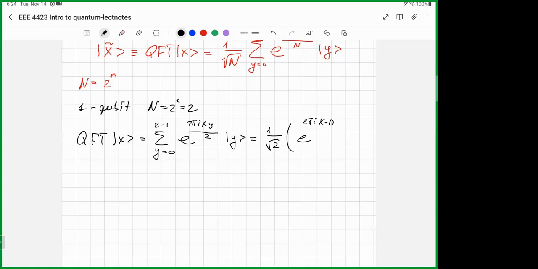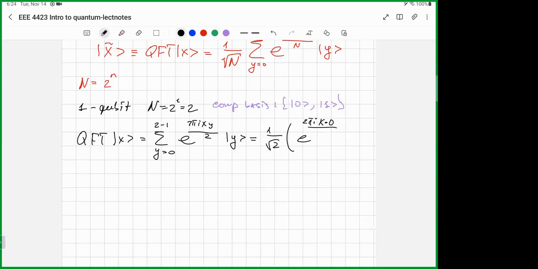For the first state, the computational basis for the single qubit system is state 0 and state 1. Okay, so just two amplitudes.